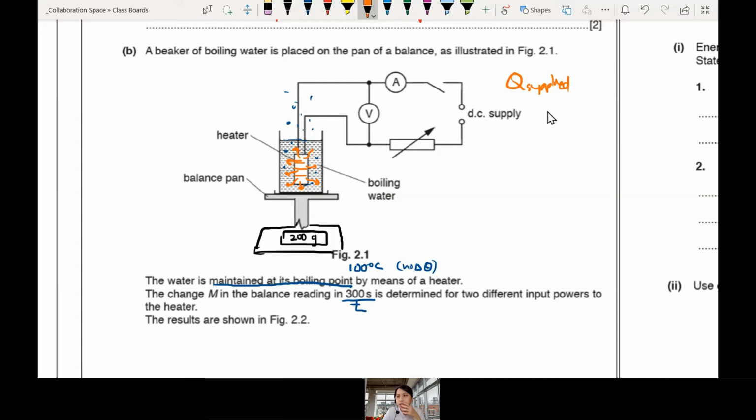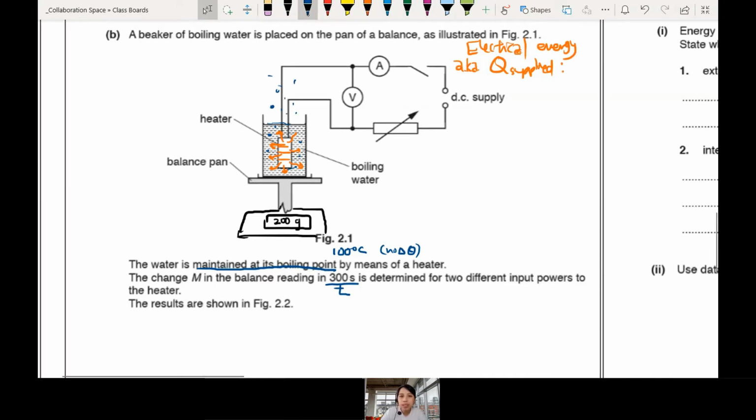What are some equations for electrical energy? Can you recall any equations for electric energy? For electricity, you need to remember, it's very useful for this chapter because we'll be using a lot of heaters like this.